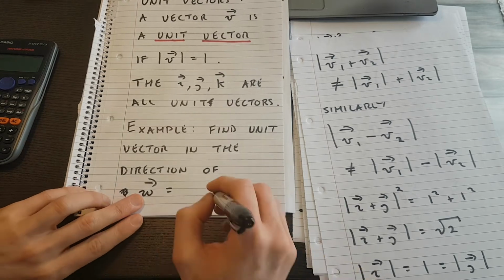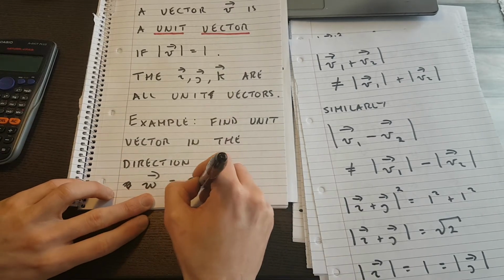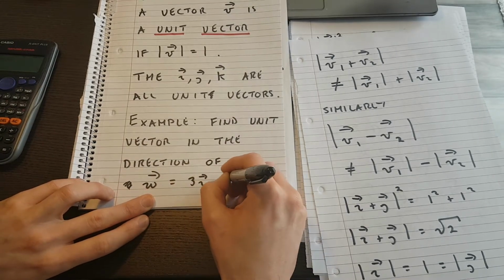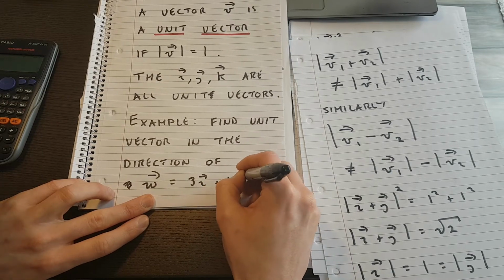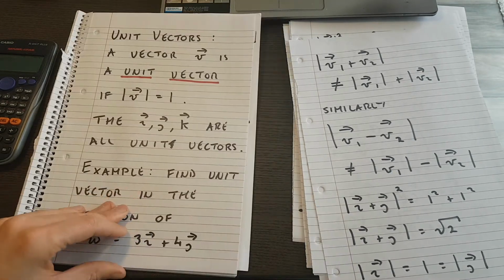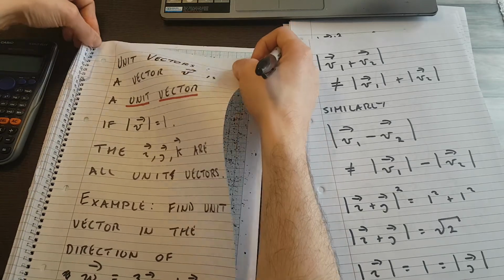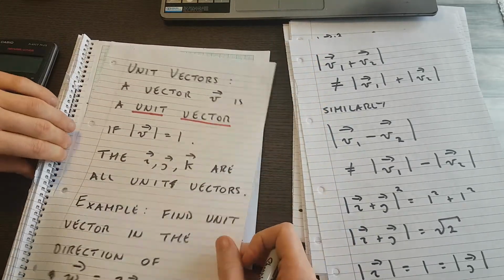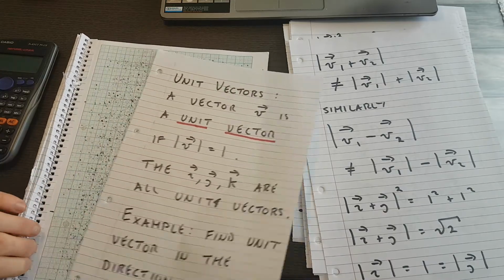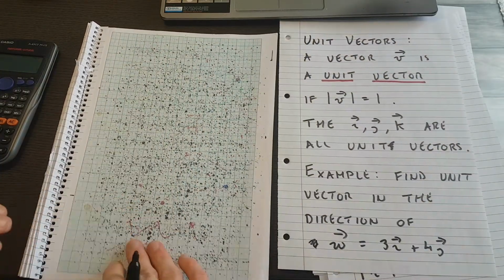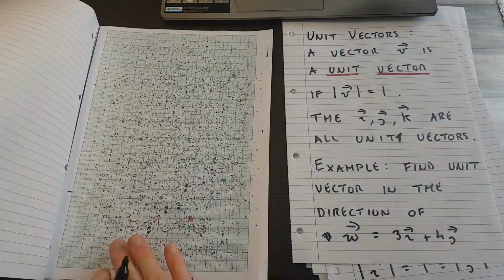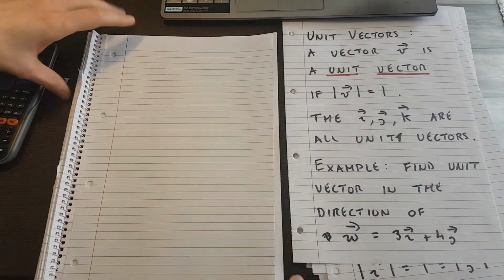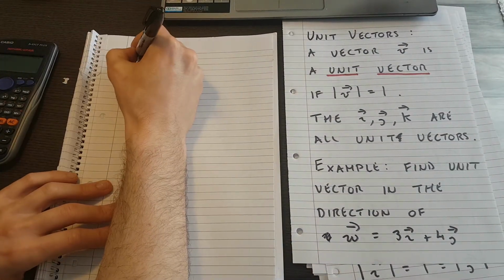Let's say that that's 3i plus 4j. And I'm doing this in 2 dimensions just to make the calculations easier, but I could do it in 3 dimensions just fine. It would work exactly the same way. So the first thing I need here is the length of W.